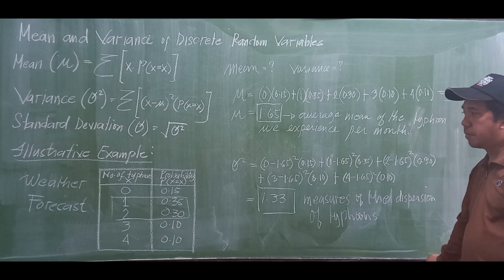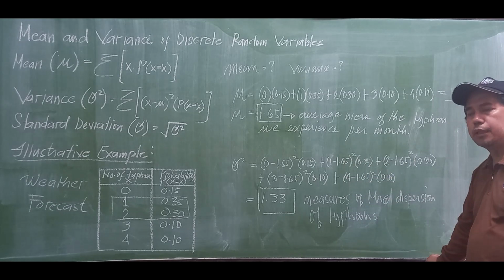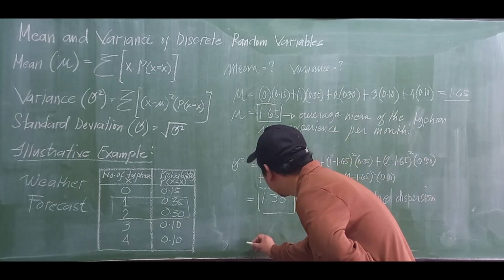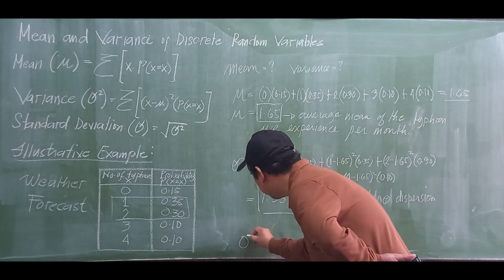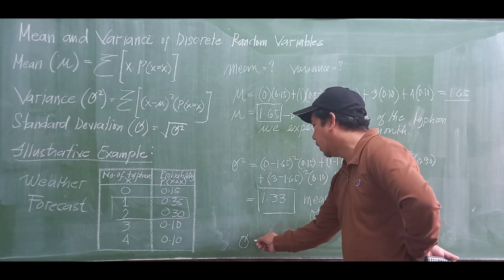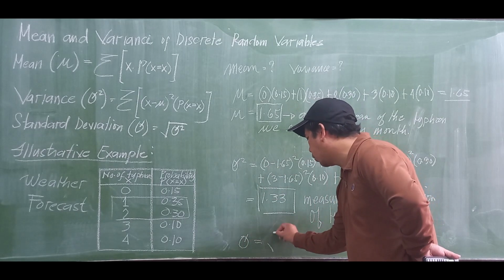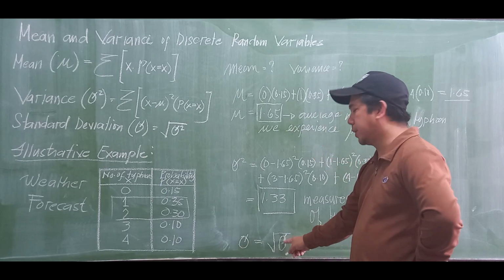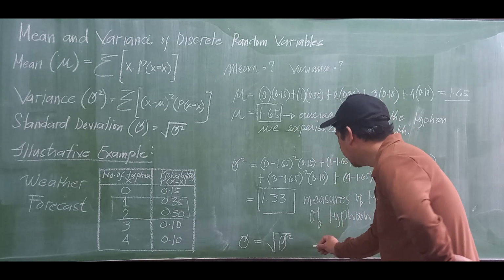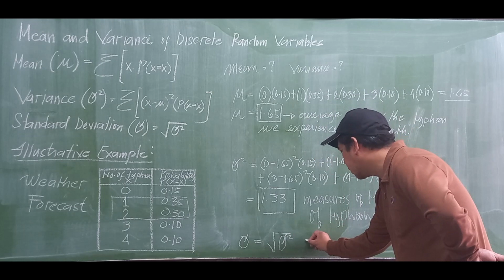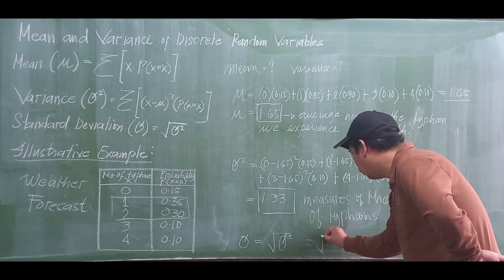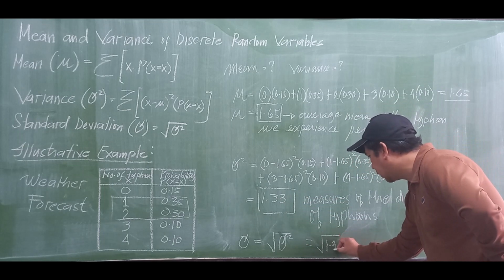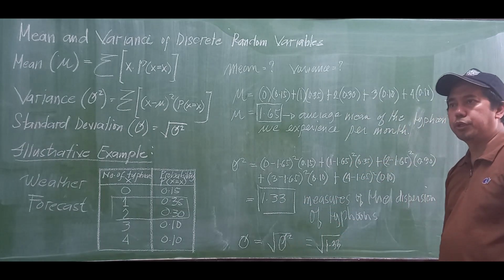Now, what about if we are interested in the standard deviation? Of course, the standard deviation is the same as the symbol. It is actually the square root of the variance. And so in that case, that is the same as the square root of our variance, 1.33.